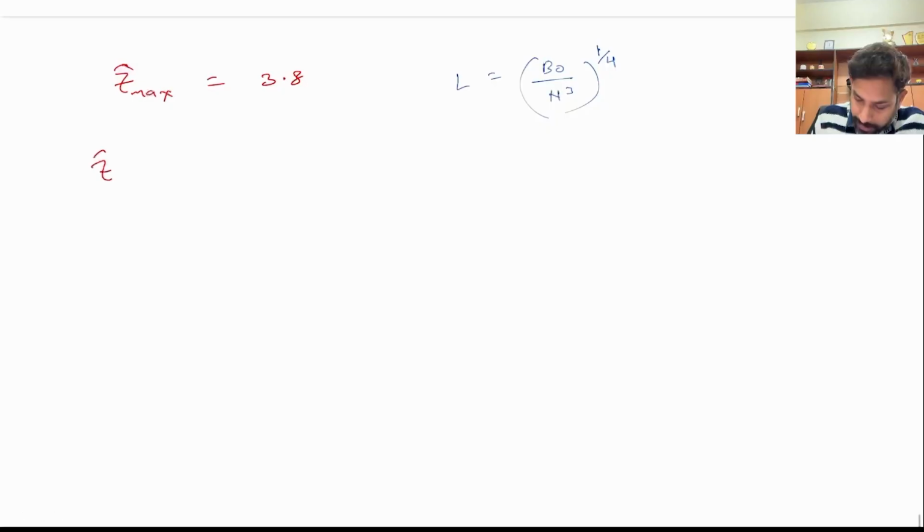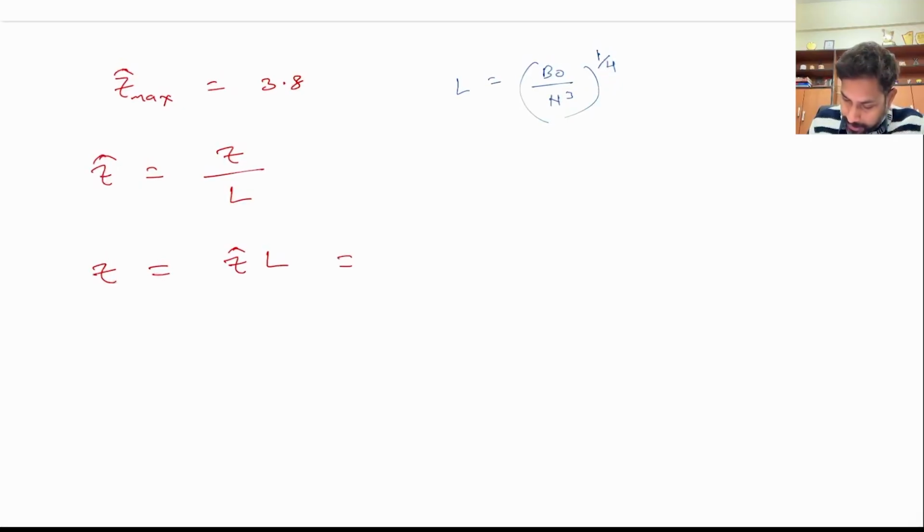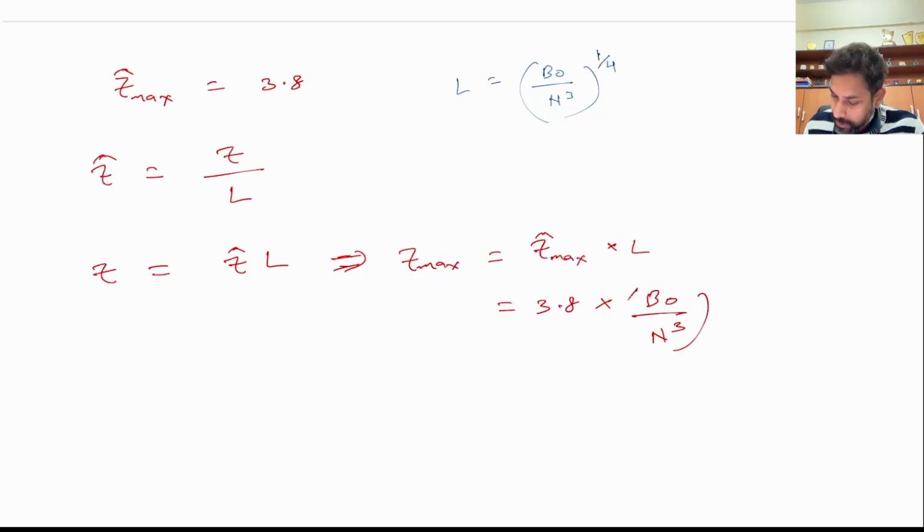So Z hat is Z over L. So Z must be equal to Z hat times L. And here we are actually looking for Z max, so that must be equal to Z hat max times L. Okay, and Z max here is 3.8 times L, and L is B naught over N cubed to the power 1 by 4. So this gives you Z max for a particular plume.